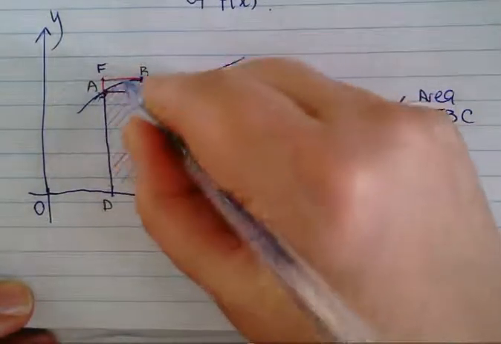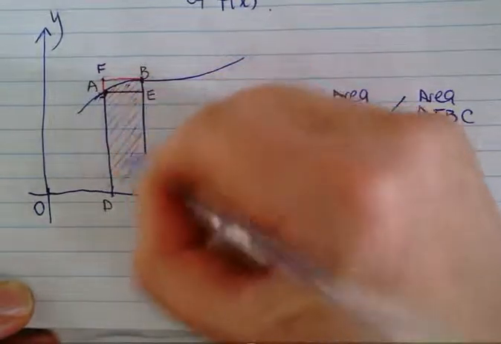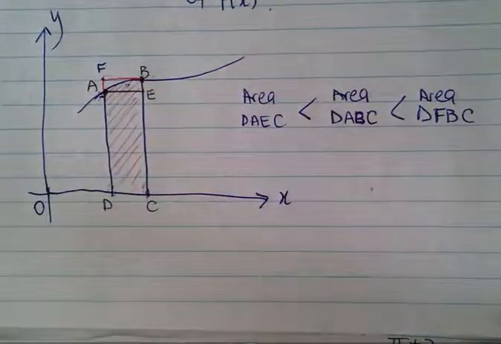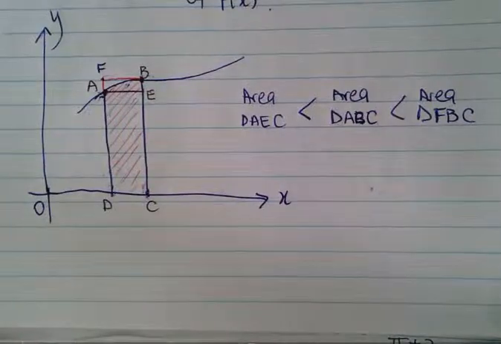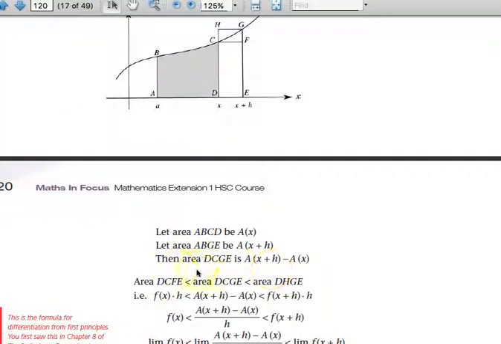So the area under the curve is bigger than the smaller rectangle, but smaller than the upper rectangle. So they're basically saying the same thing here. And I know I've labeled it differently, but they've got the area of DCFE is less than the area of DCGE, which is less than the area of the upper rectangle, DHGE. Do we get that?